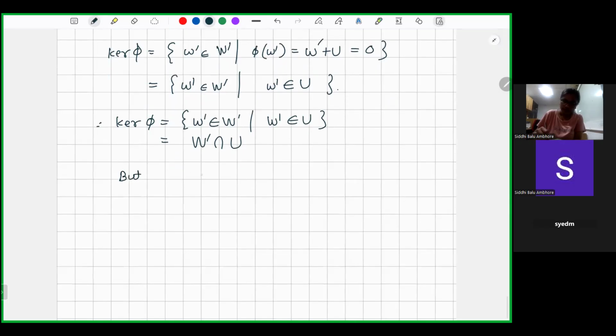But U is contained in W and W dash intersection W is 0. So this will imply that W dash intersection U will also be 0, right?